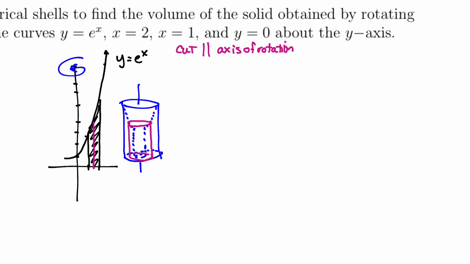If you cut parallel to your axis of rotation, what you get is a cylinder. You can start stacking these cylinders, making them bigger and bigger, filling in the entire volume. They get a little taller as they go outwards.